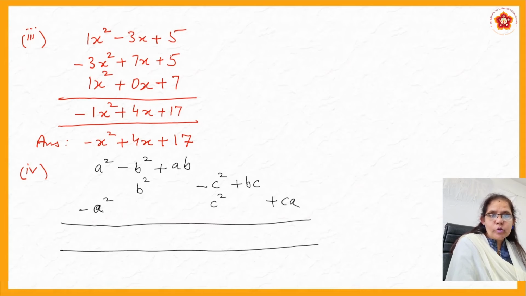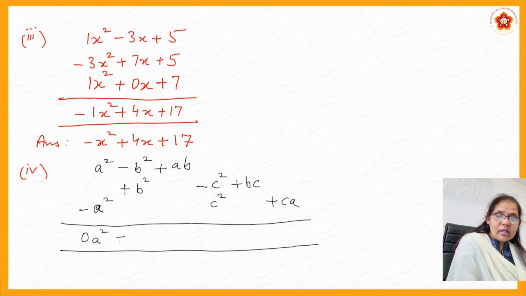A square minus a square. It gets cancelled. In fact, it will be 0a square. I can directly cut it also and not write here anything. Same way, b minus b square and it is plus b square here. So this will be 0b square. Only AB is the term here, so I'll copy it here.